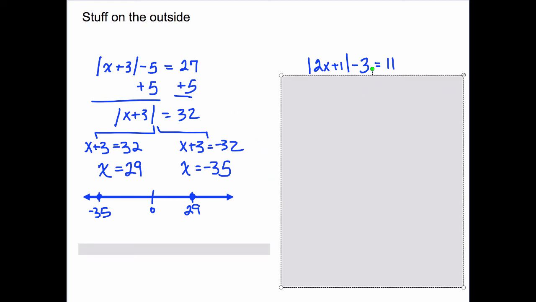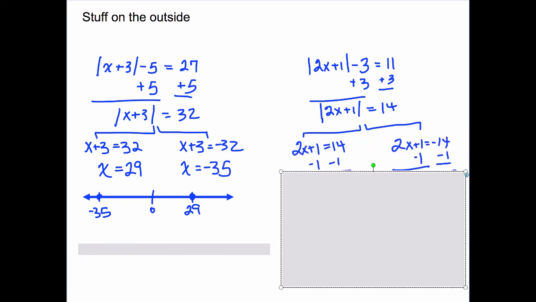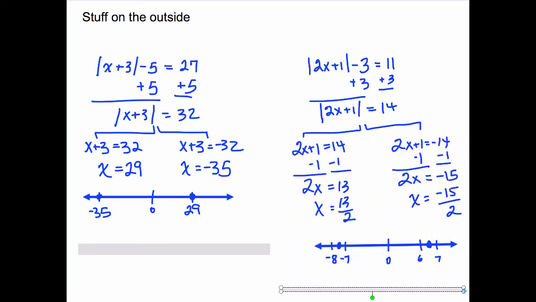For the second problem, again, the key step is to add 3 to each side to isolate the absolute value, and you get the new equation, the absolute value of 2x plus 1 equals 14. And then you split and solve and graph just as you did before. And once again, I'll leave you to check those answers.